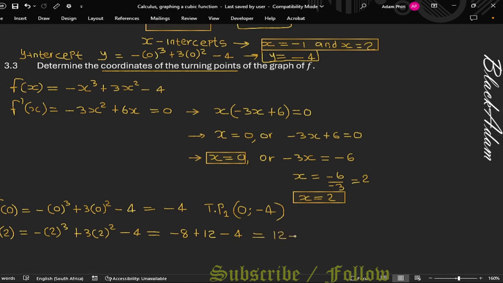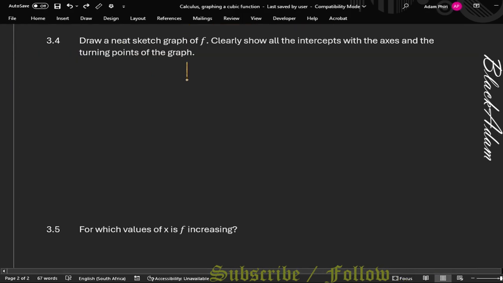So negative 8 and negative 4 gives us negative 12, plus 12, giving us 0. So our second turning point will be when x is 2, and the y value is 0. Now we're done with all the values we need to sketch.